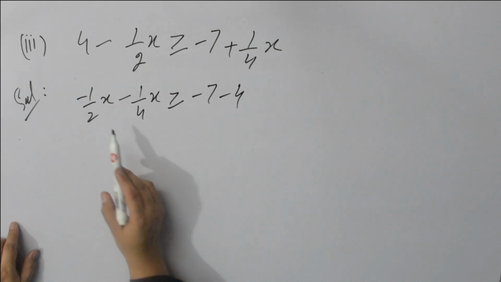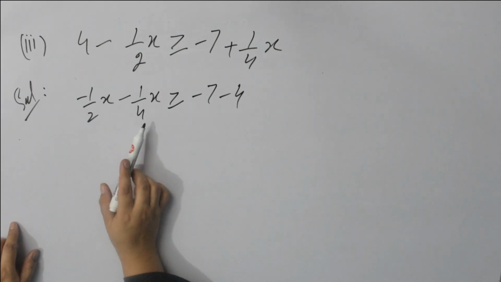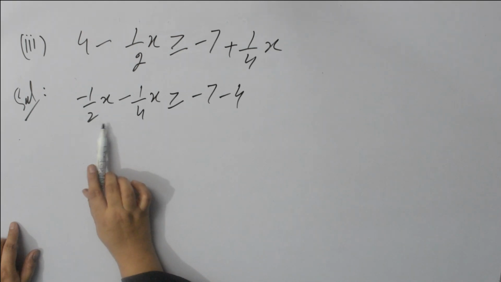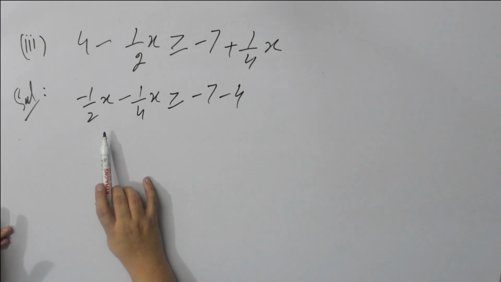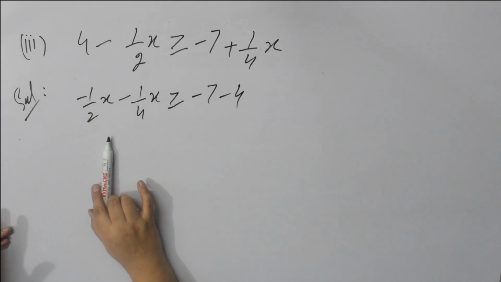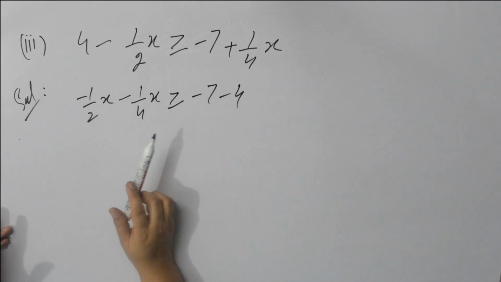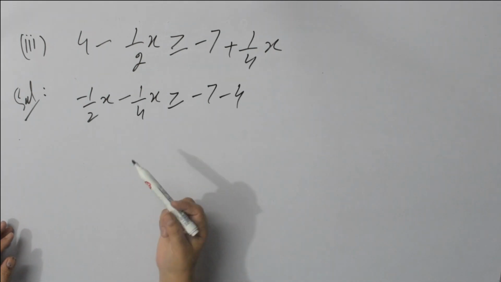Now students, what is the LCM? Again you see there are two fractions. Now you can solve it by multiplying both sides by their LCM, okay. One method, or number two, first take the LCM over here, or add or subtract on this side and then multiply both sides by the LCM, okay. It's up to you.